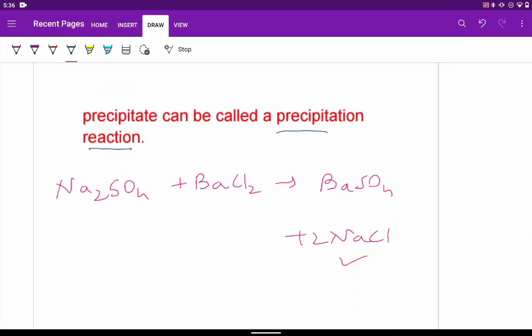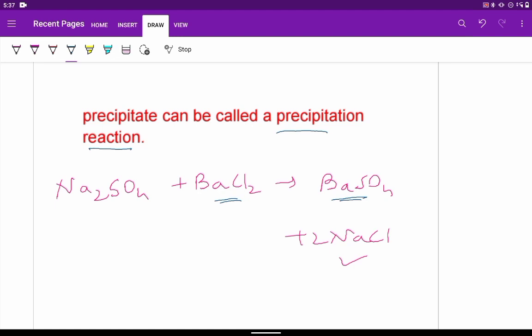So what is the reaction? Na2SO4 plus BaCl2 gives BaSO4 plus 2NaCl. Sodium sulfate plus barium chloride gives barium sulfate and sodium chloride.